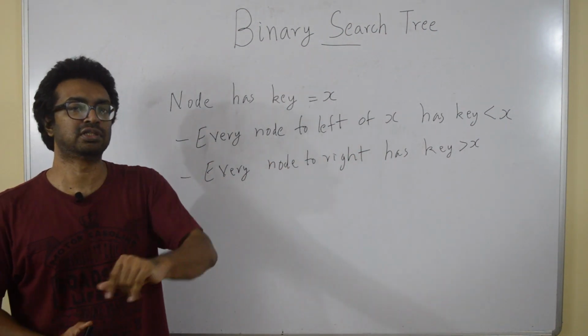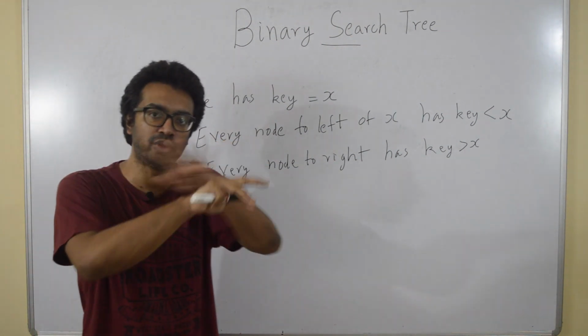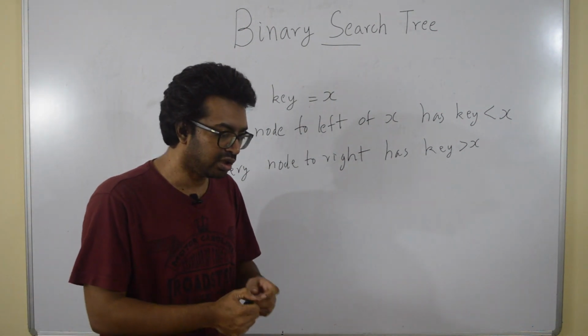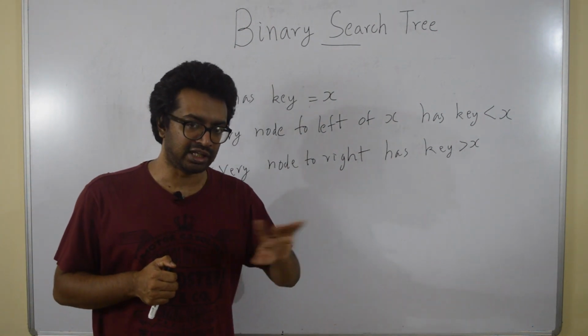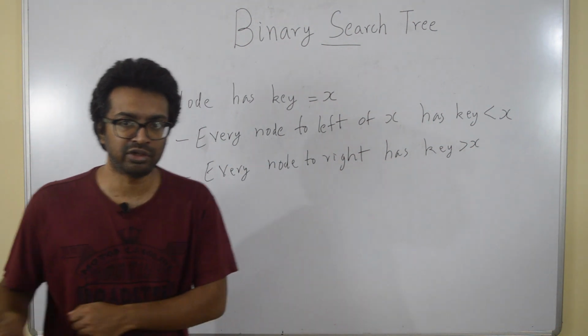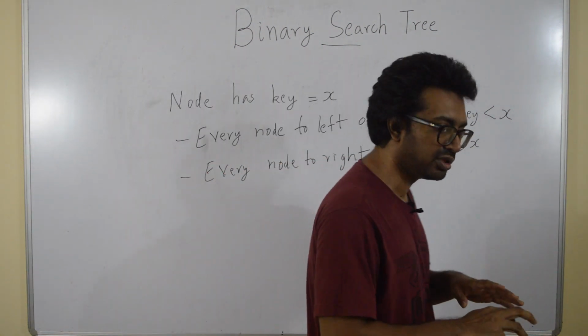So this is the most important property, and this property is preserved throughout the tree. You go to any node in the tree, its left nodes are lesser than its key value, and its right nodes have key values greater than it. This is preserved everywhere.